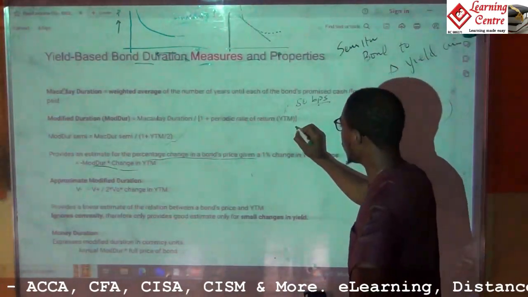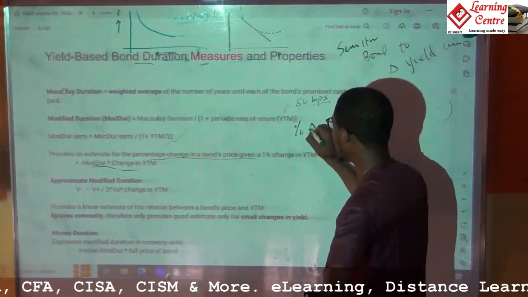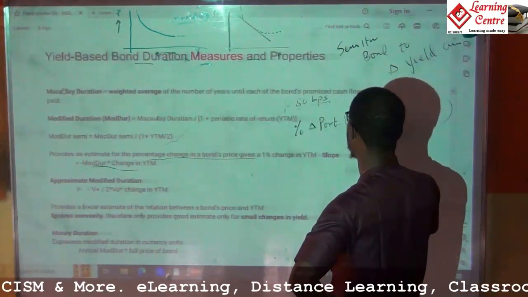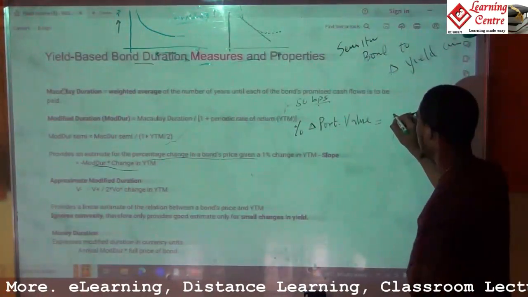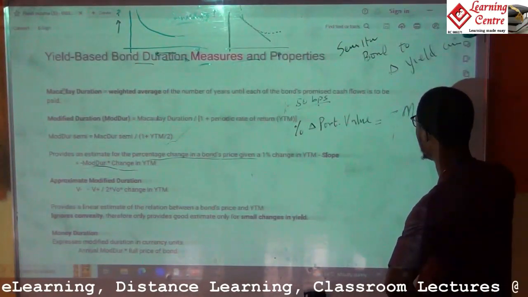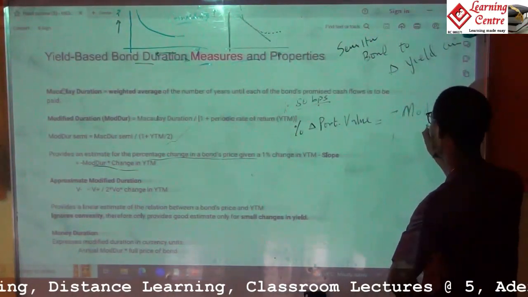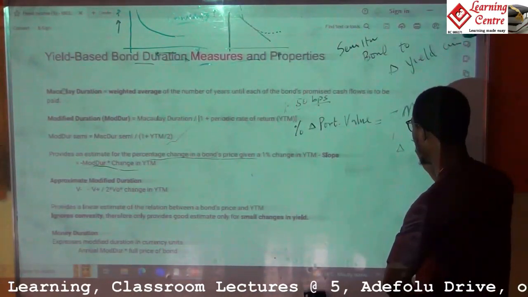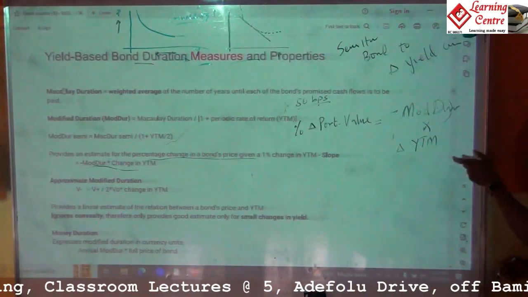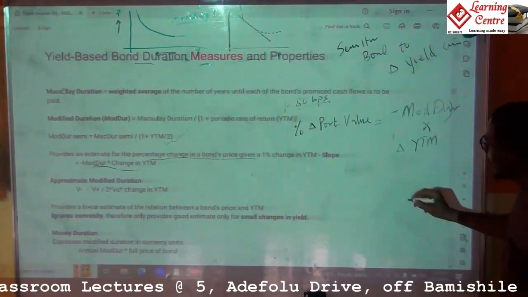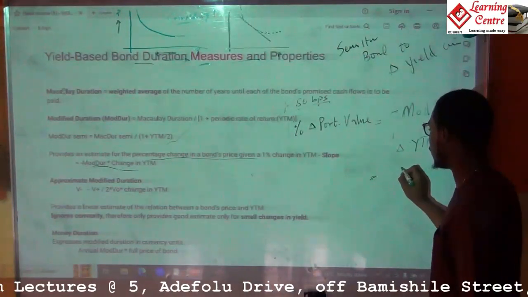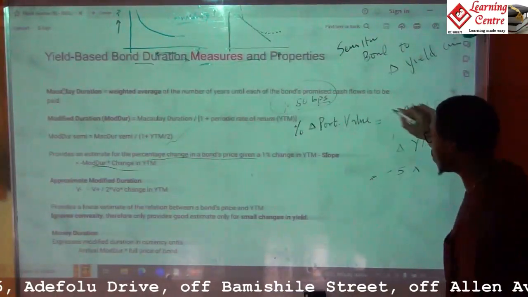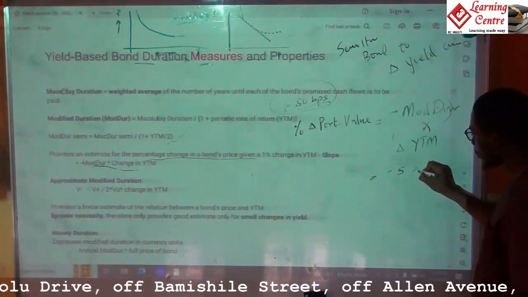I want to calculate the percentage change in my portfolio value. It is equal to minus modified duration of my portfolio multiplied by the change in YTM. So if my modified duration is 5, it is minus 5 multiplied by the change in my YTM, plus 50 basis points.